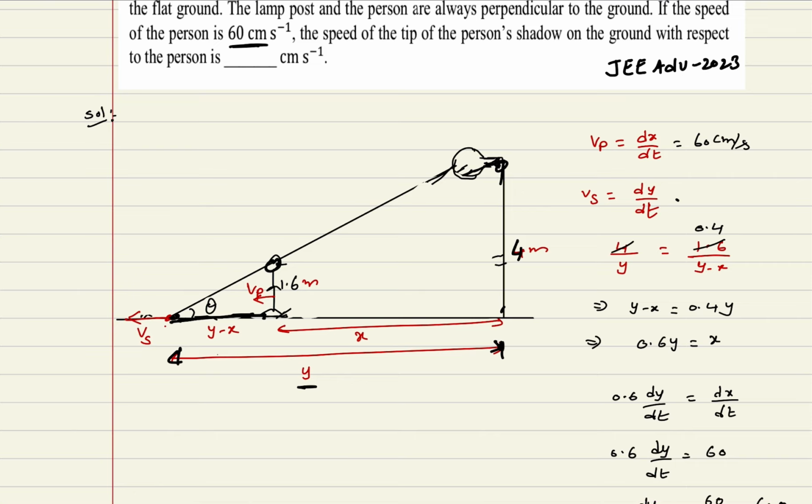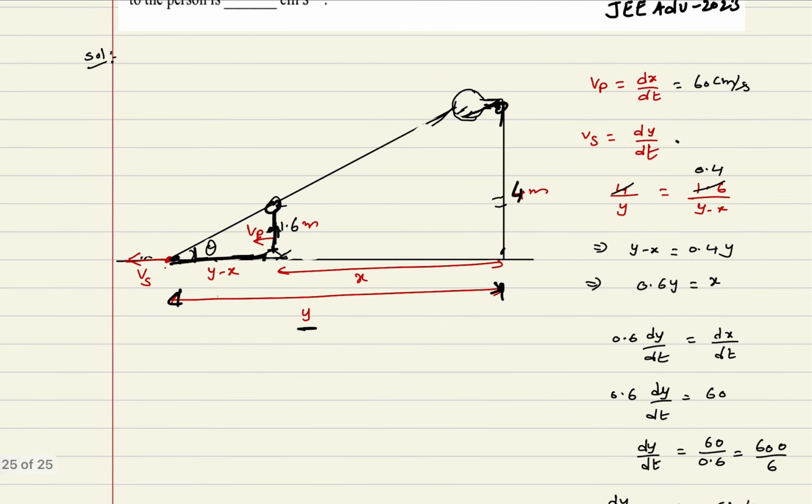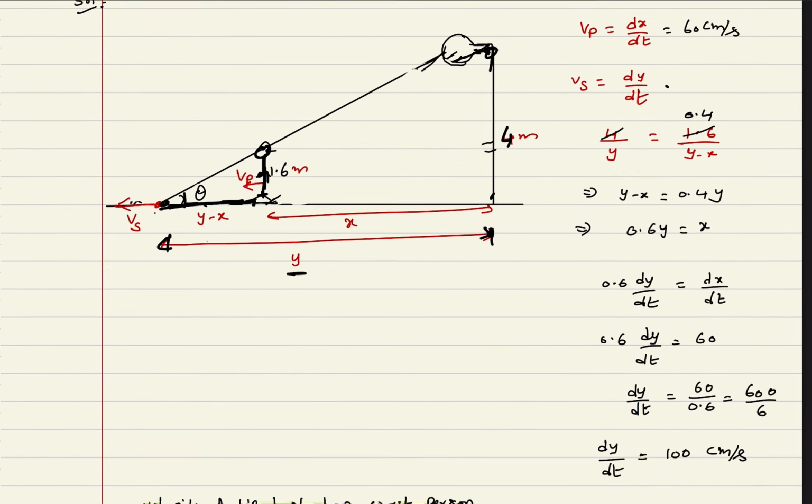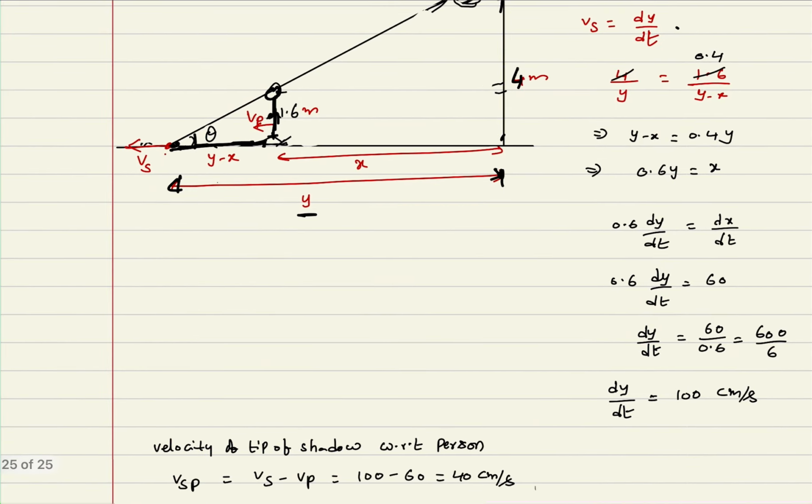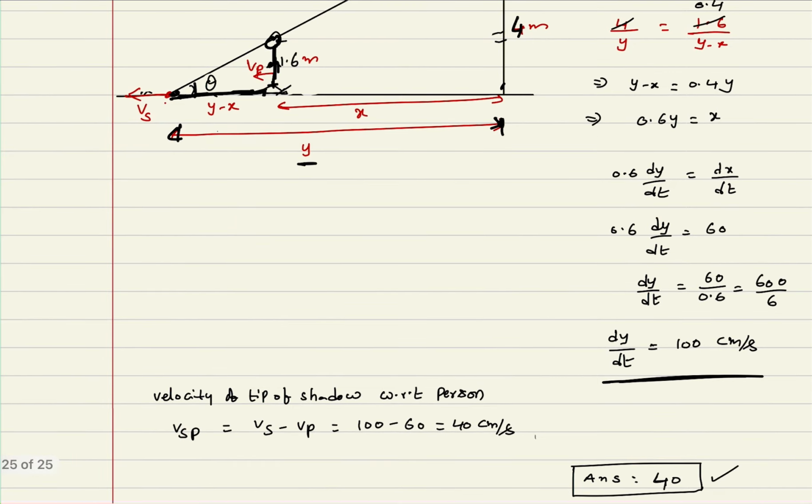Now we can see from the similar triangles, 4 divided by the total distance y is equal to 1.6, the height of this person, divided by this distance, which I have taken as y minus x, from the tip of the shadow to the person. I differentiated this and got dy by dt is equal to 100 centimeter per second.